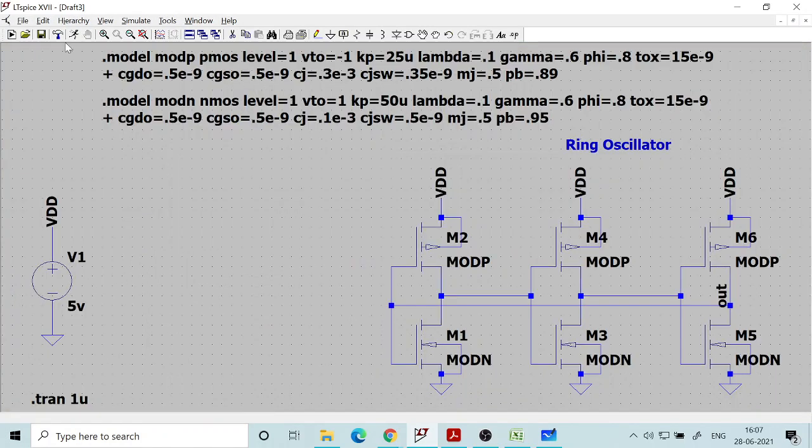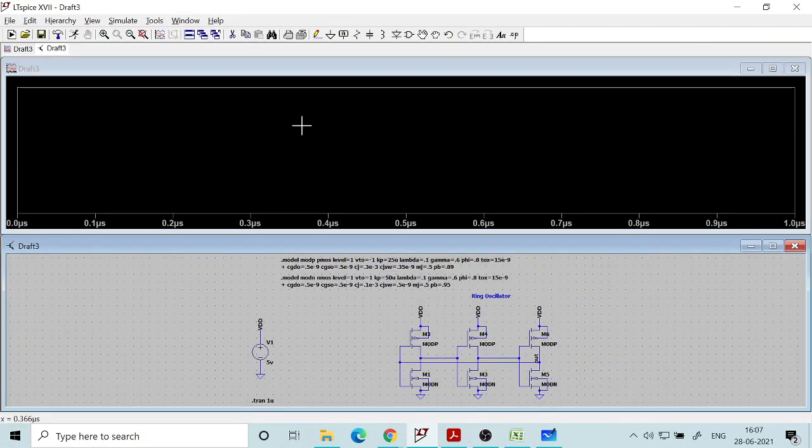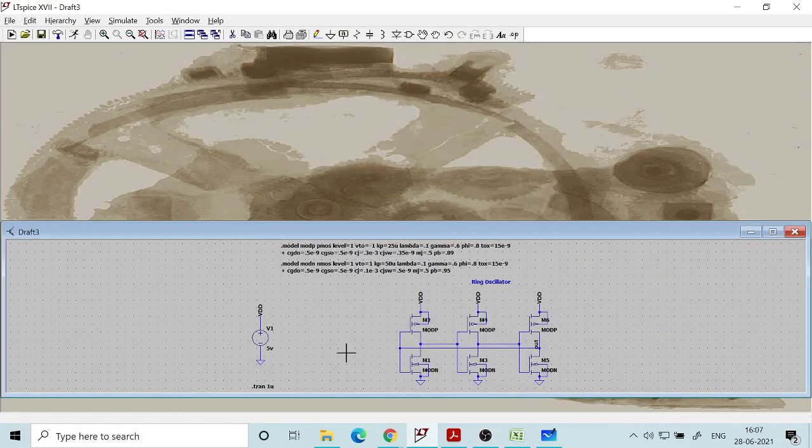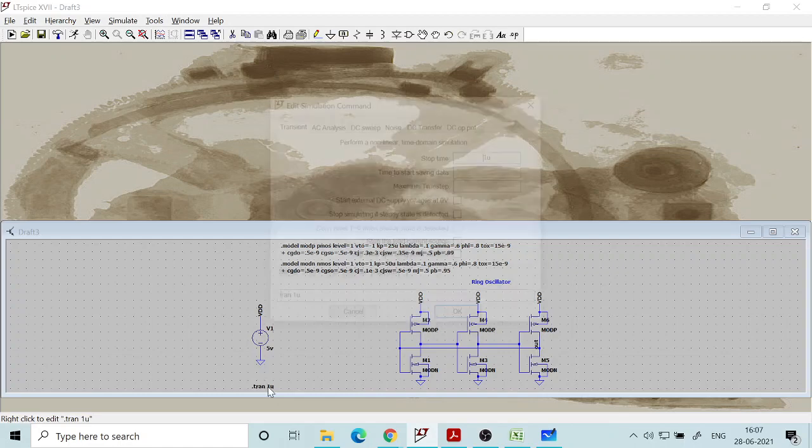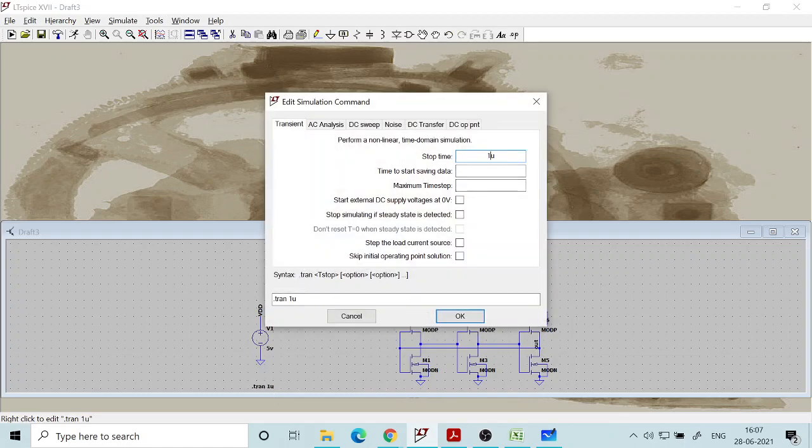So what I'll do is change the transient analysis command. Instead of this, let's say from 2 micro, so let me put it as 2.01 micro and 2 micro.